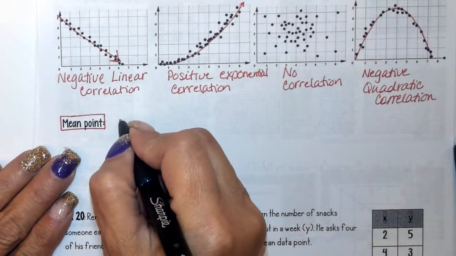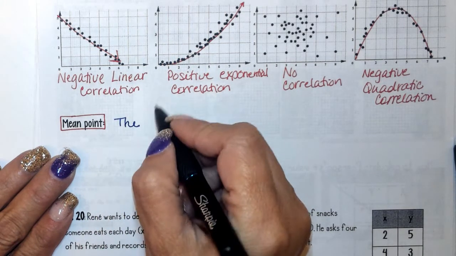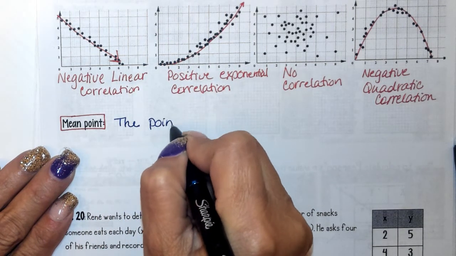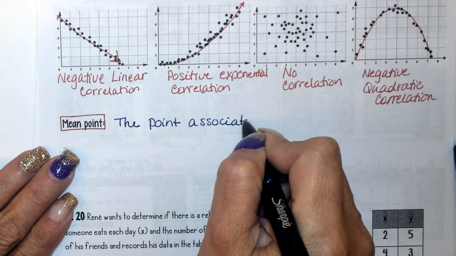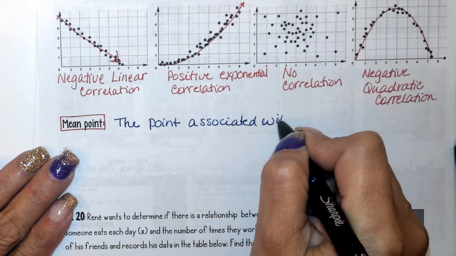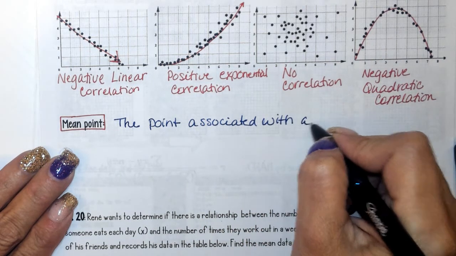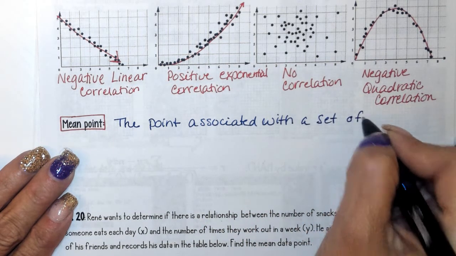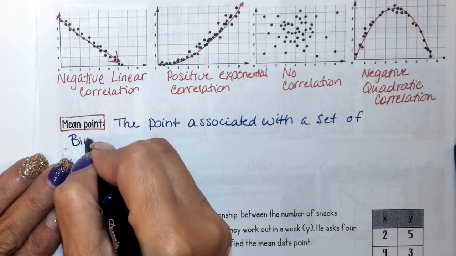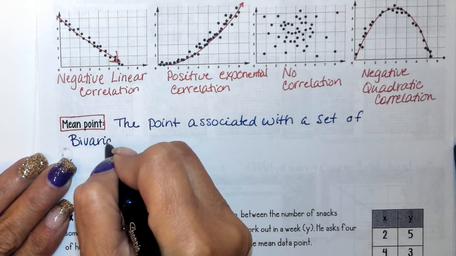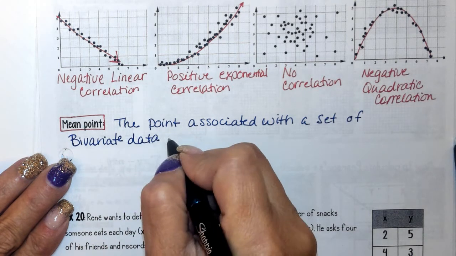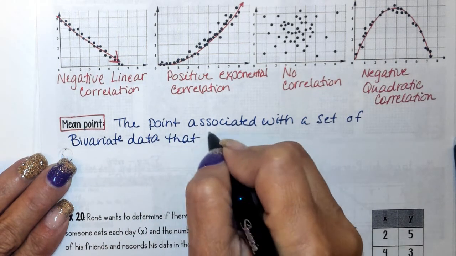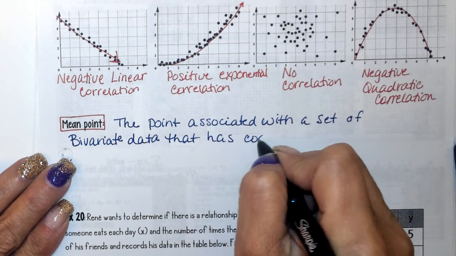So a mean point, let's put a definition here. It's the point associated with a set of bivariate data that, and this is super important, has coordinates.